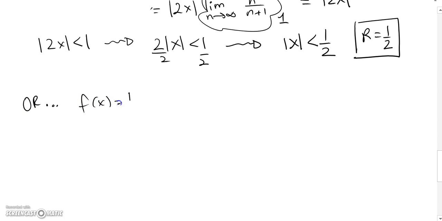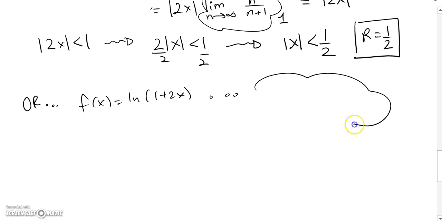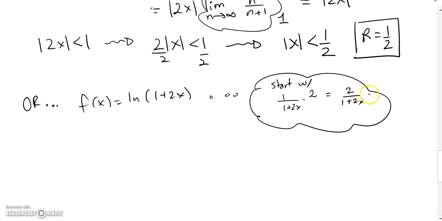If I have ln of 1 plus 2x, I could think, alright, what should I start with? And I could start with differentiating that, which will give me 1 over 1 plus 2x. The derivative of the inside is 2, so I have 2 over 1 plus 2x, which maybe we'll call g of x to start with.